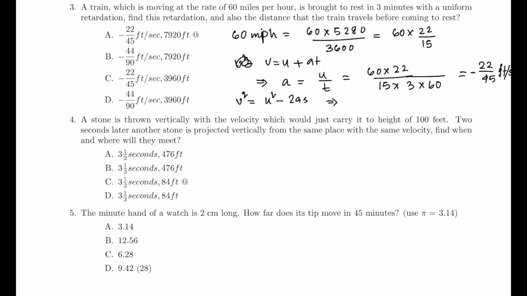So s would be u square by 2a, which is 60 into 60, 22 into 22 divided by 15 into 15 divided by 2 divided by 22 into 45. So if you solve it, you are going to get option A.